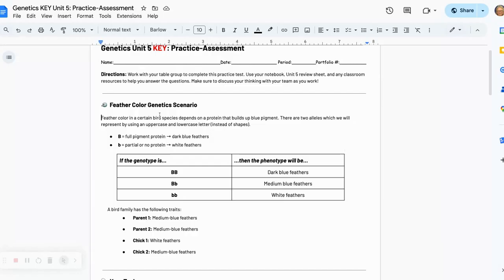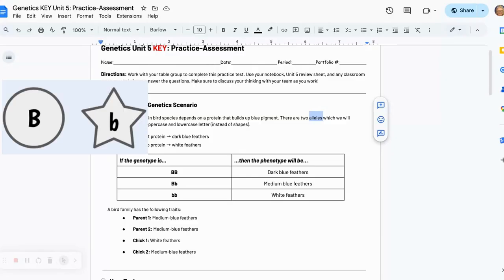This color in these bird species depends on a protein that builds up this blue pigment. So proteins are built through the instructions of genes, and the instructions that these genes carry can be slightly different based on the alleles. So in this case, there are two alleles which we will represent using an uppercase and a lowercase letter instead of shapes.